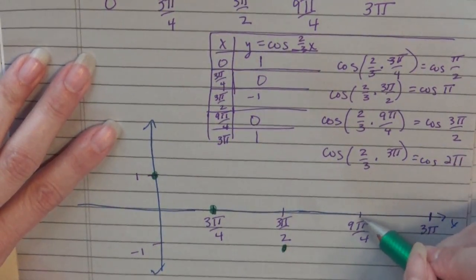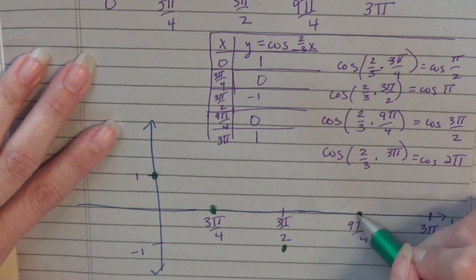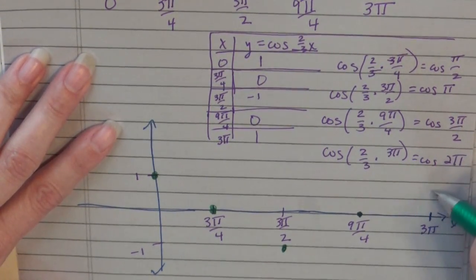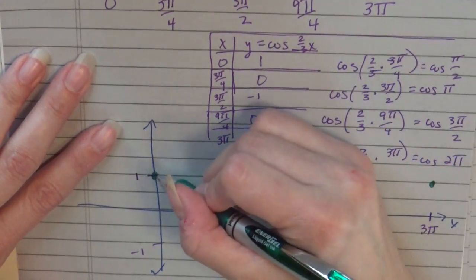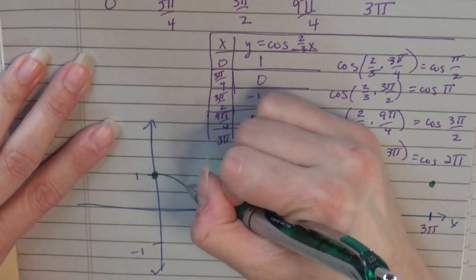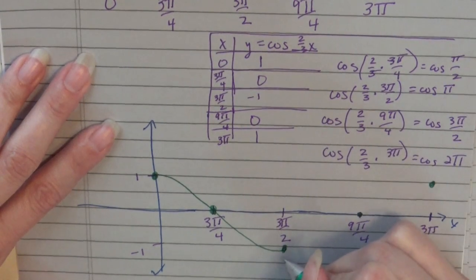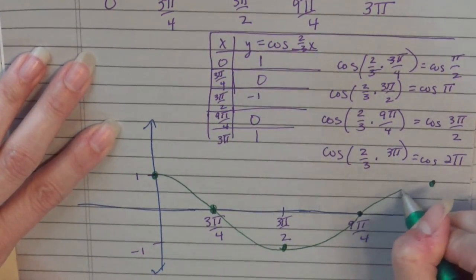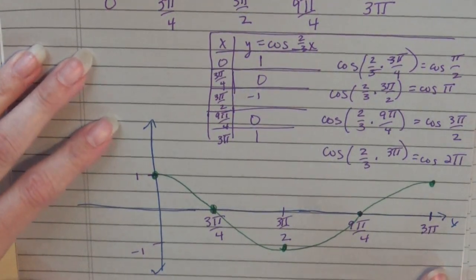And then you've got 9 pi over 4, 0. And 3 pi on x, 1 on y. Alright, and then if we connect these using curves, we've got this shape, like that. So that's our graph.